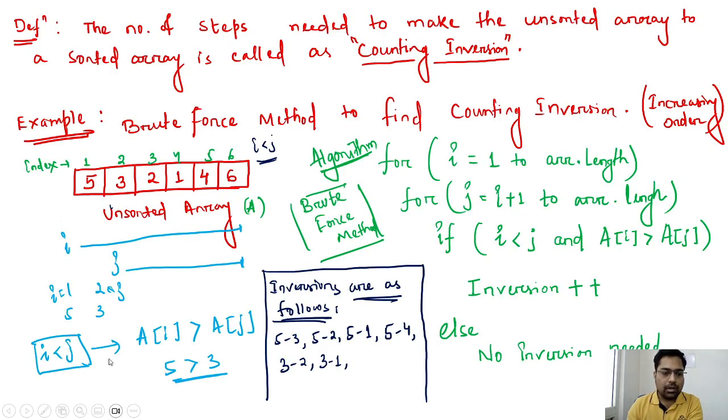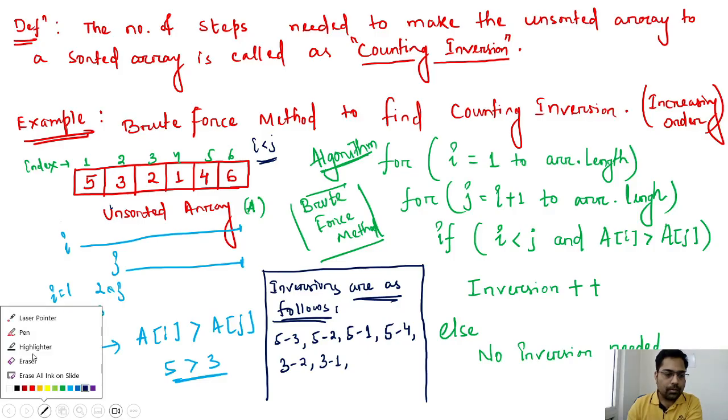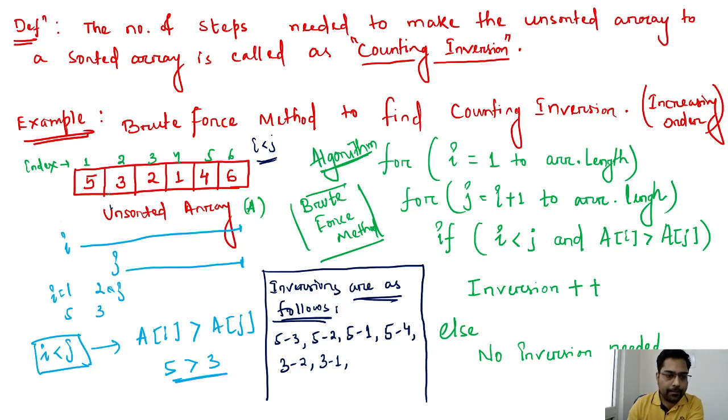Okay, now when we are at this location, once we found I is at 3 and we started j, now we have to check whether I is less than j or not.